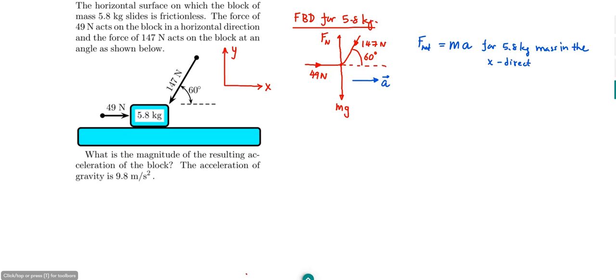So you can see, because I am specifying the direction, this F net equals ma equation becomes a scalar equation. Otherwise it's a vector equation. Since I have specifically defined a direction, now the equation can be considered as a scalar equation, just magnitudes, okay.